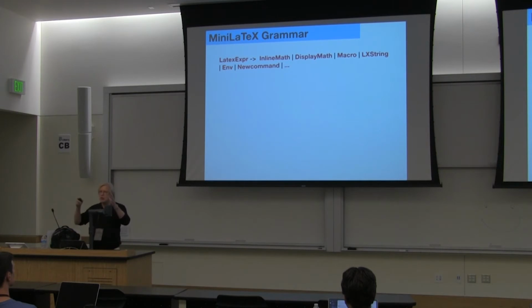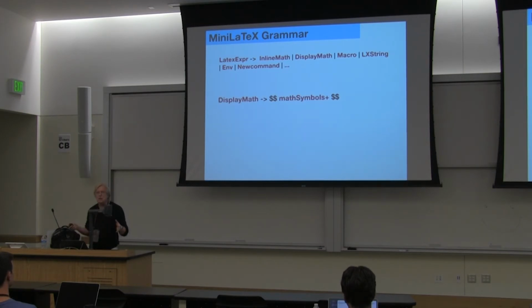And remember, it was a union type with various components: inline math, display math, and so on. So this production, the first production in the grammar, just reflects that type definition. And then, of course, you have to figure out how the non-terminal symbols that appear on the right are going to be expanded.